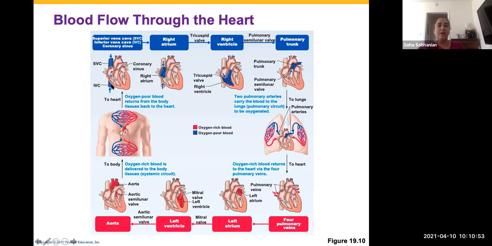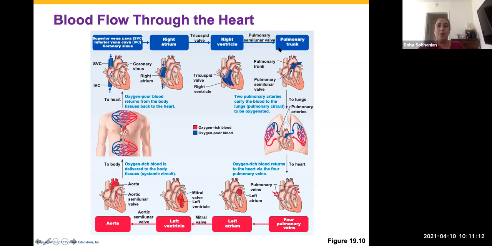So here we have blood coming through the superior and inferior vena cava, as well as the coronary sinus that I mentioned before. Blood comes to the right atrium. It passes through the tricuspid valve and then gets into the right ventricle.